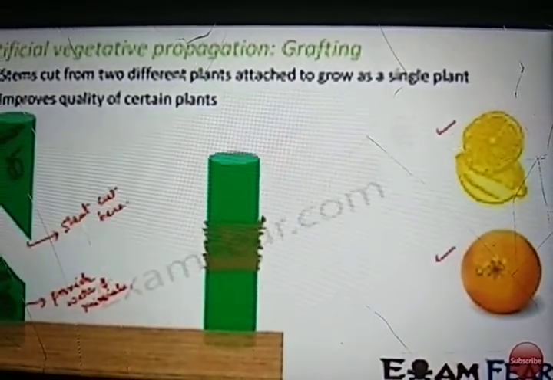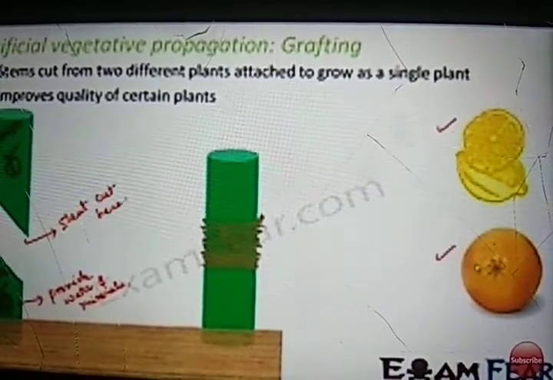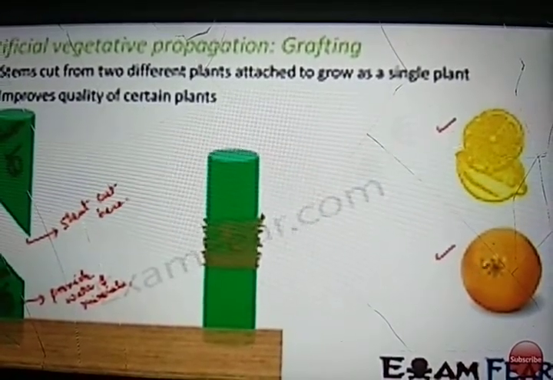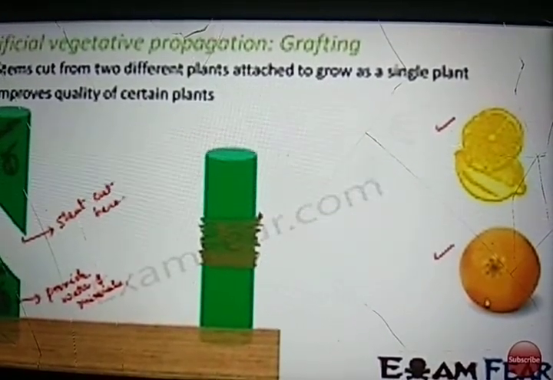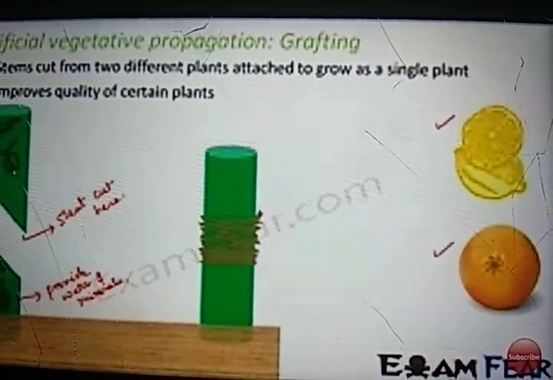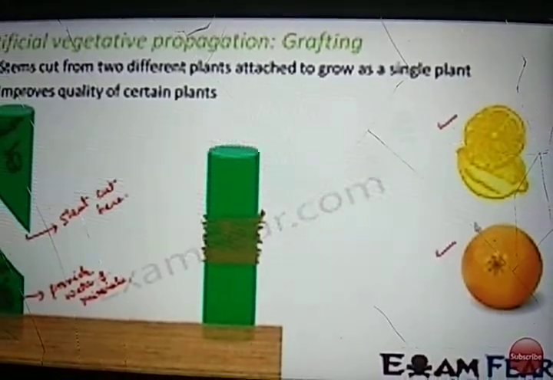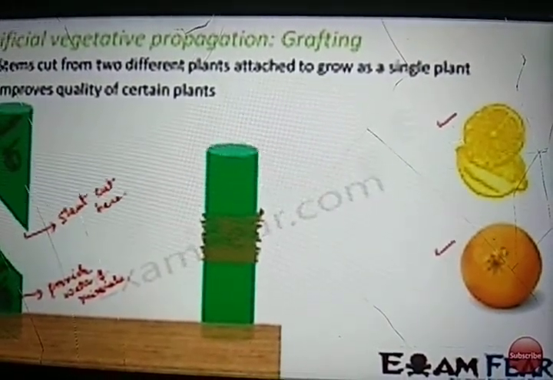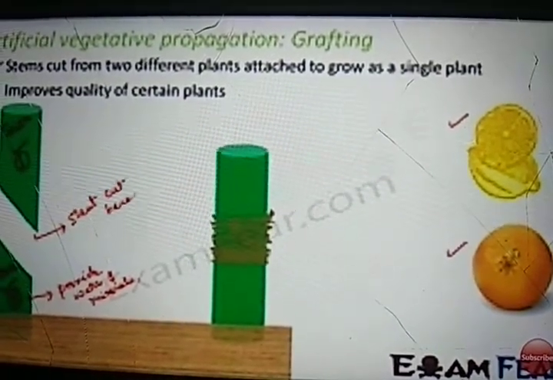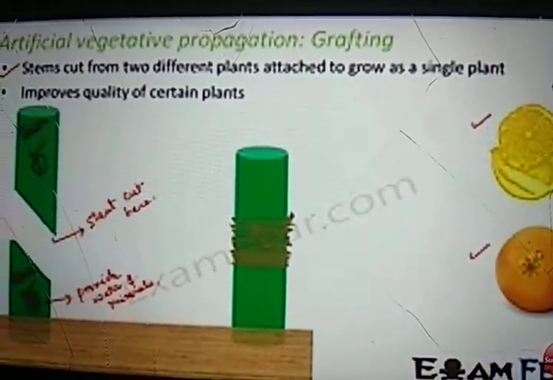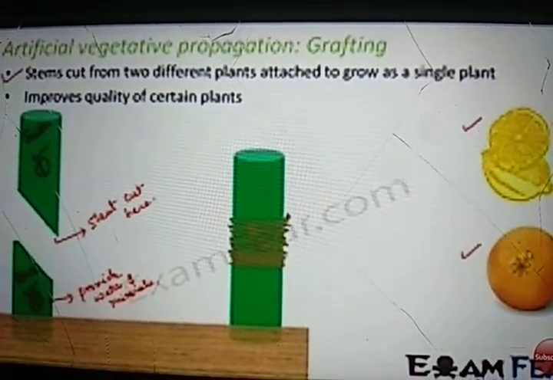Both of them are obtained from one plant with two different scions and stocks. So the stock is the same for both of them. That is why they have certain similarities, but the scions are different in both of them, which makes them different from each other. So this is how you can get a new variety of plant with new varieties of flowers, with new traits of fruits, with new traits of vegetables.